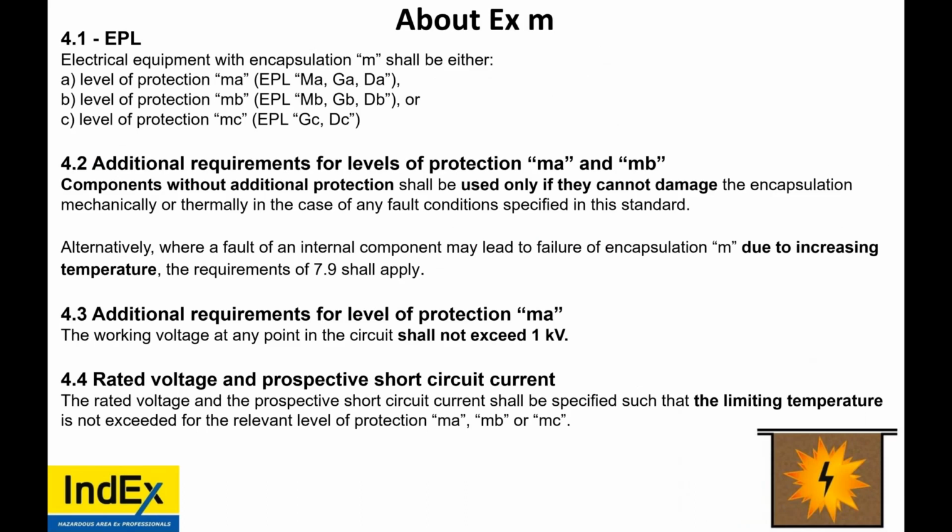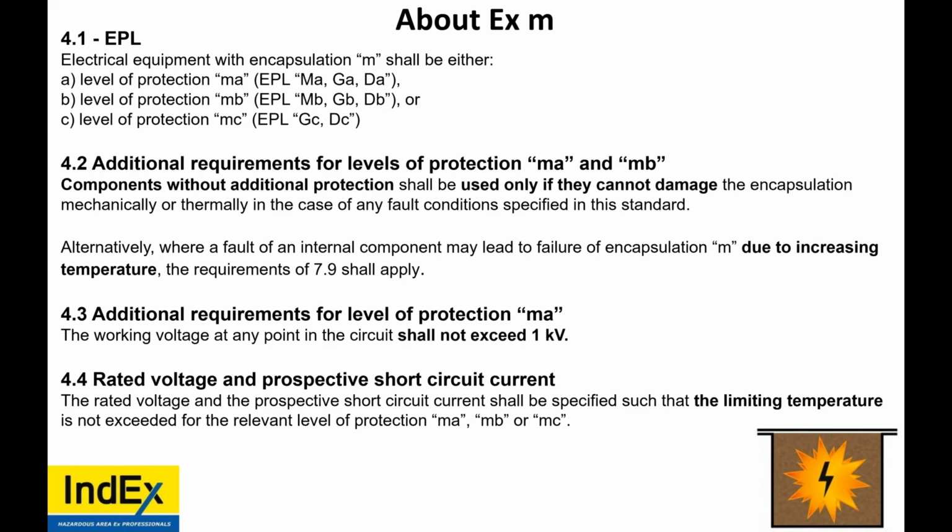So EXM, where can it be used? Well, it's equipment protection levels. It can be used in Ms for coal mining, underground mining, GA, GB, GC, zone 0, 1, and 2. And also DA, DB, DC, dusts, zone 20, 21, and 22.